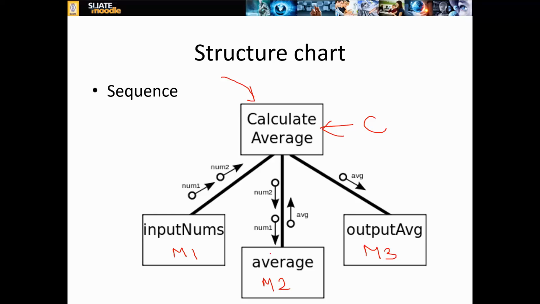It calculates the average within the module and will give the average outside. You can clearly see the direction, right? And again, now this controller receives the calculated average, then it will send it to the output displaying unit, and the output displaying unit will display that, right?